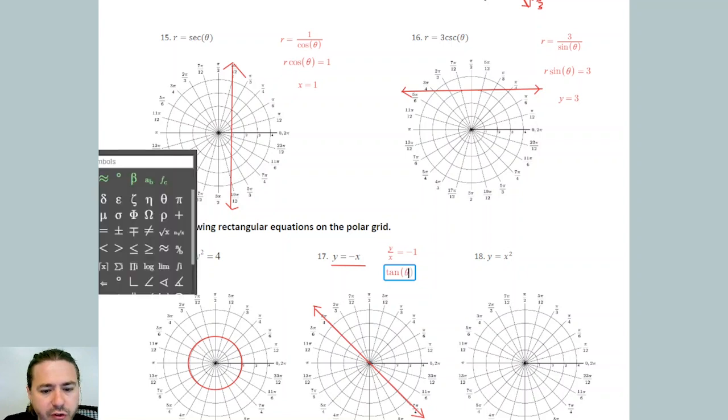Then to solve for theta, we would take the inverse tangent of both sides, so theta equals the inverse tangent of -1, which strictly would be negative pi over 4. You don't really need to do that though, if you know what this line looks like.